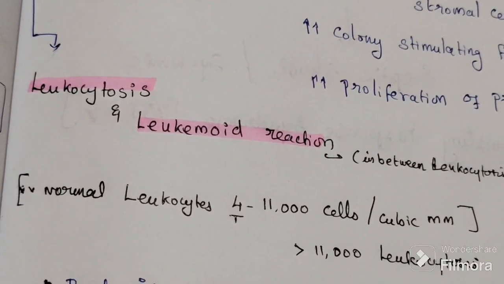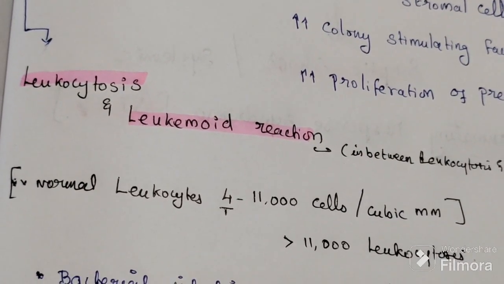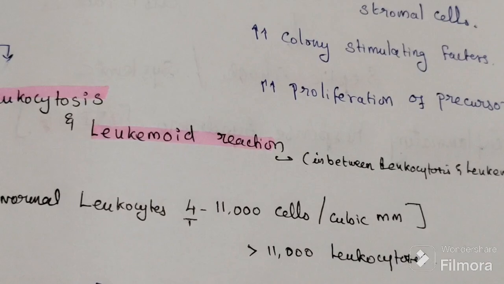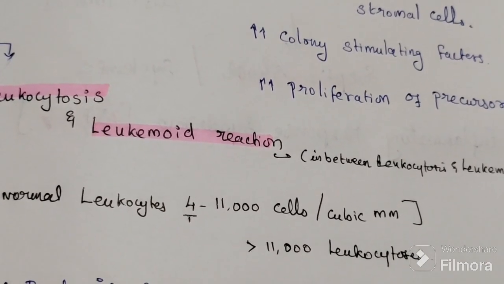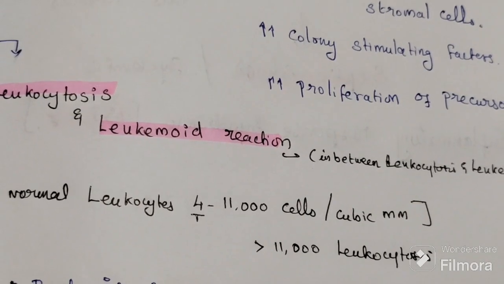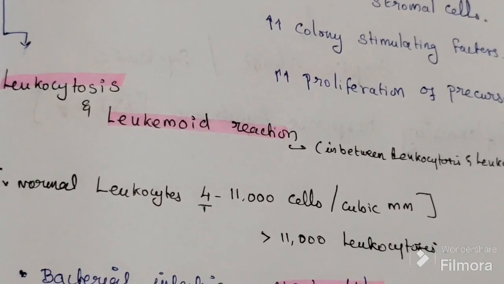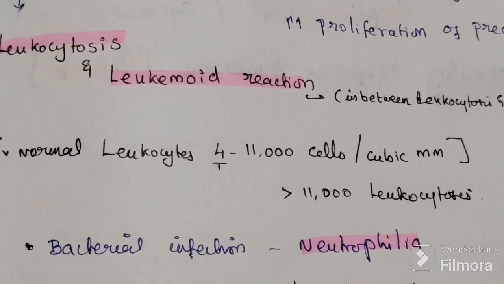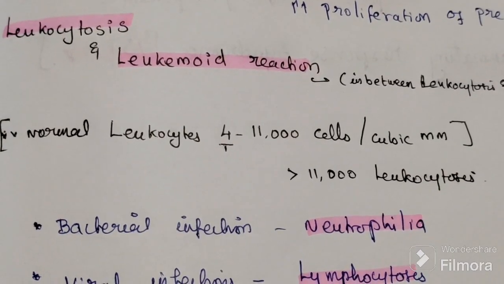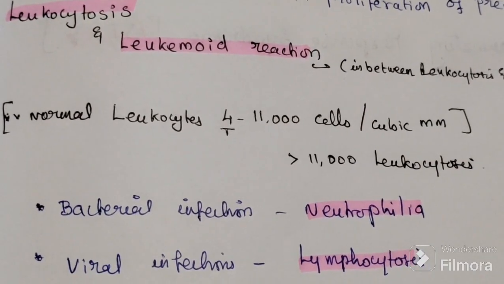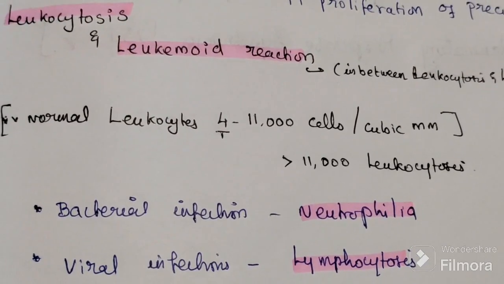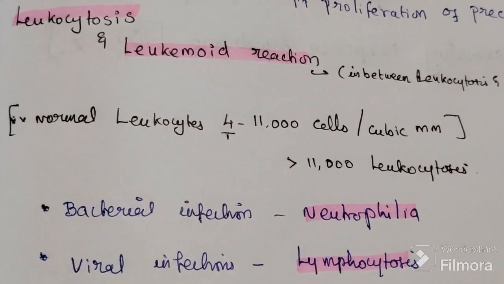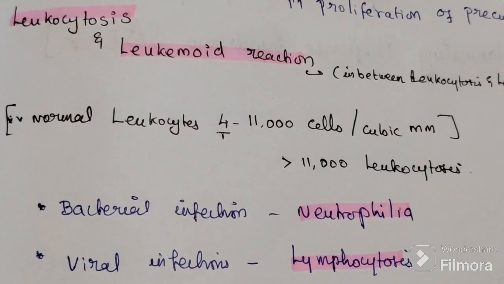Leukocytosis is an increased leukocyte count, the normal leukocyte count being 4000 to 11000 cells per cubic mm. Anything more than 11000 in a normal adult is called leukocytosis. Leukemoid reaction means the increase is so much that it sometimes resembles leukemia, but it is not leukemia by definition, by criteria, hence it is called leukemoid reaction.